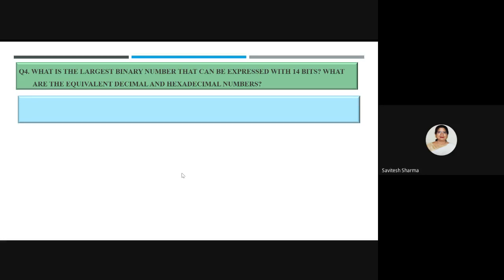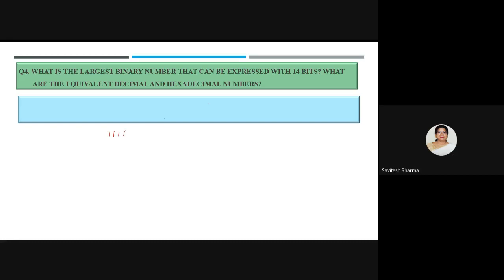You know that in binary we have only 0 and 1. So the largest number you can represent in 14 bits, you know how much? The maximum number you can get is if you keep all digits 1. If you keep all digits 1, then it will be the largest number.